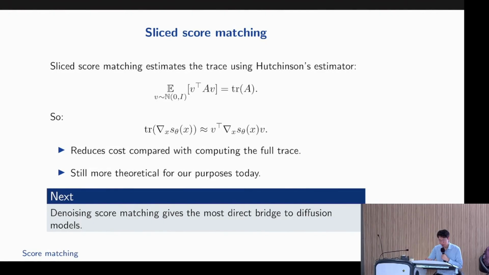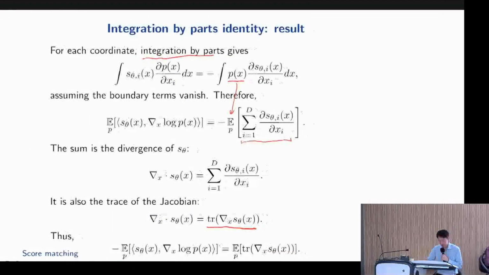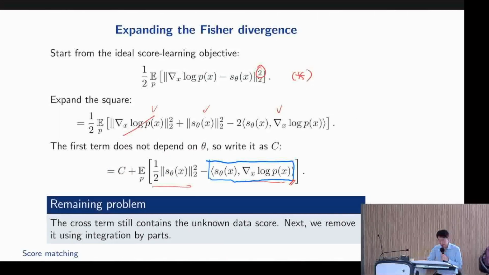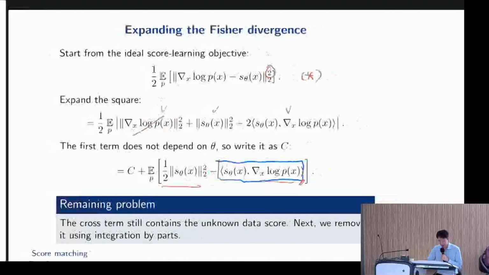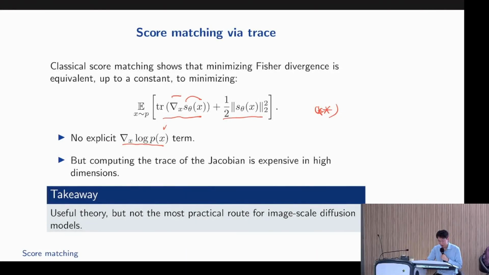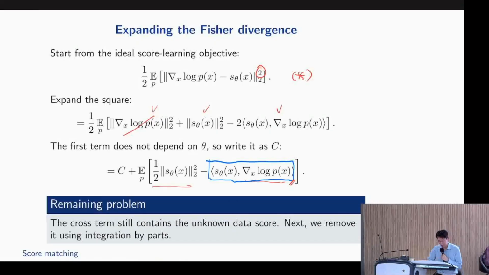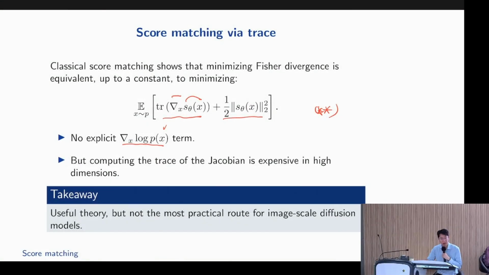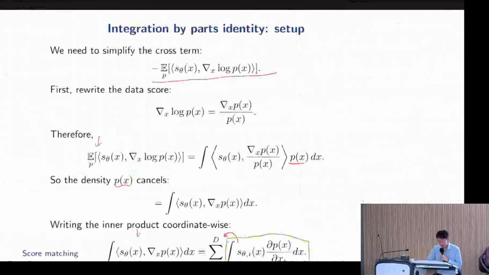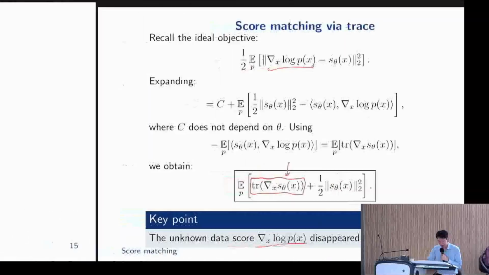So we used some massaging and got this equation where we got rid of the true score term, and we replaced the trace of the Jacobian with sampling.